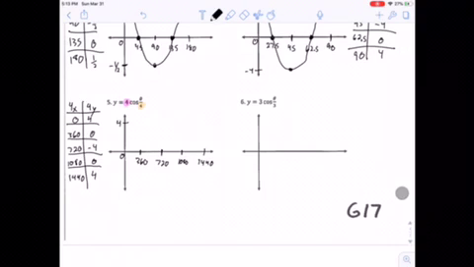Our y's go from 4 to negative 4. Here we graph 0, 4, 360, 0, 720, negative 4, 1080, 0, and 1440 to 4. Drawing your curve. And there you go.